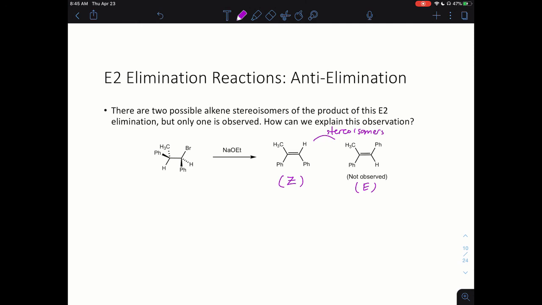And so because we have only one stereoisomer formed, this is a stereoselective reaction. In fact, this is stereospecific, meaning that different diastereomers of the alkyl halide will make different diastereomers of the product.